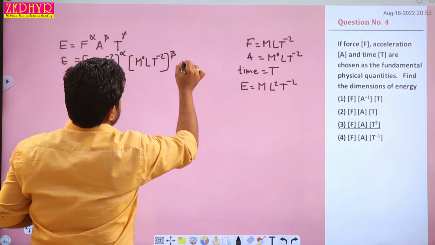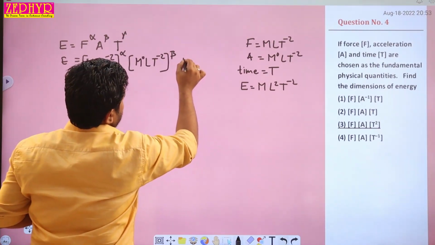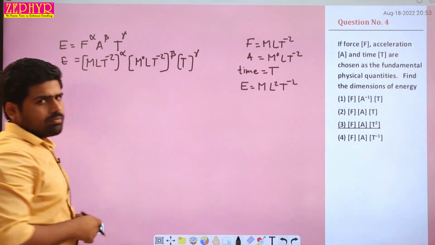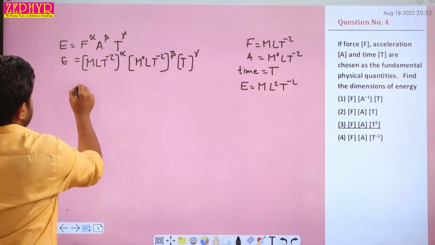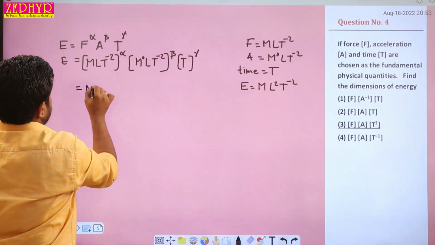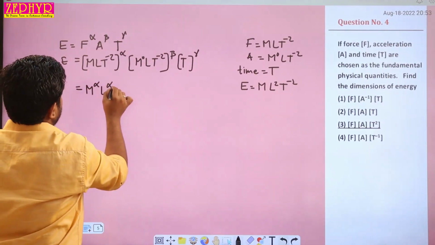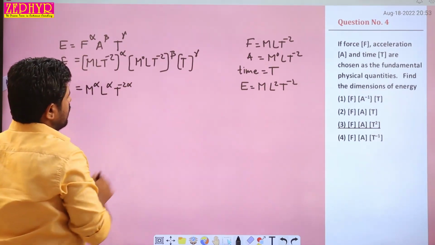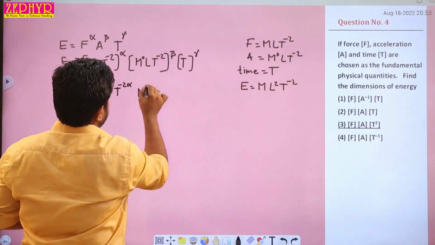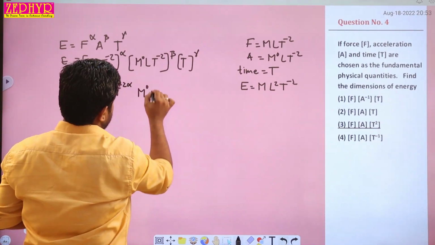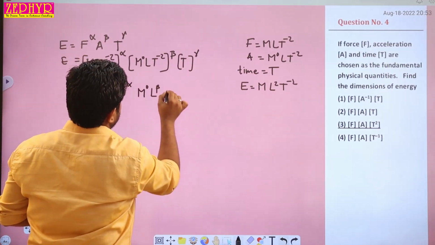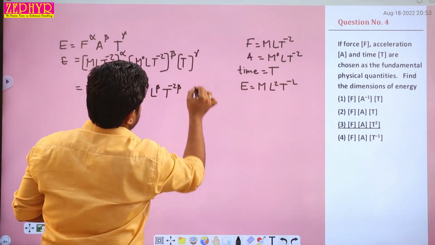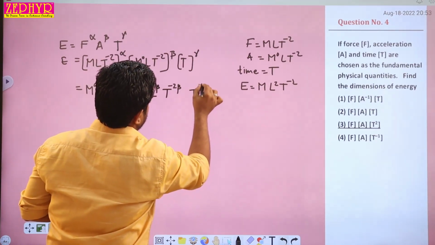Then the last one, T raised to gamma. Okay, so now it is equal to m alpha, L alpha, T raised to minus 2 alpha. And here m raised to 0, L raised to beta, and T raised to minus 2 beta, and here T raised to gamma.